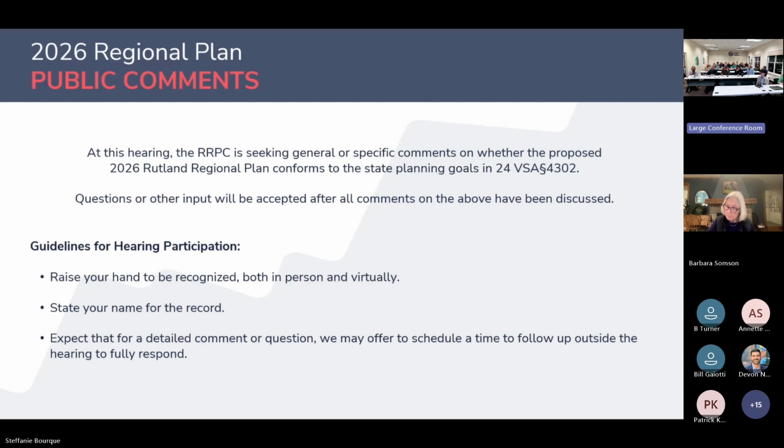Yeah, about what is underpinning these land use areas. 24 VSA section 4302 is a good place to start. The new land use categories are defined in statute, so it's not like the Regional Planning Commission could just willy-nilly decide where they wanted a downtown center to be based on attributes in a community.